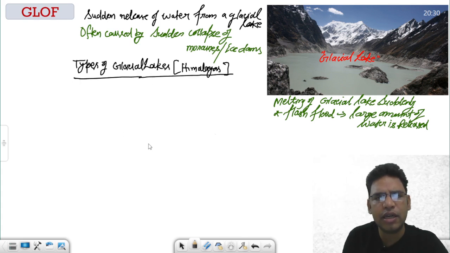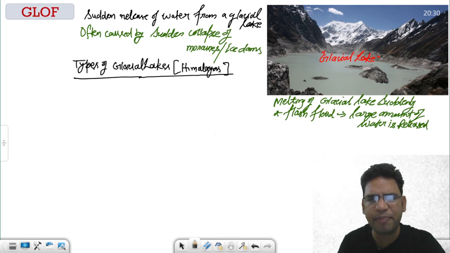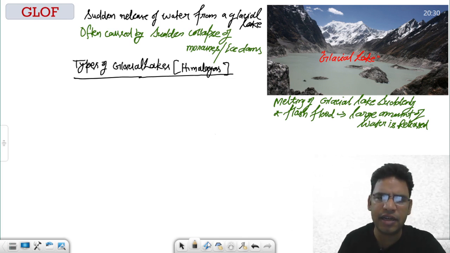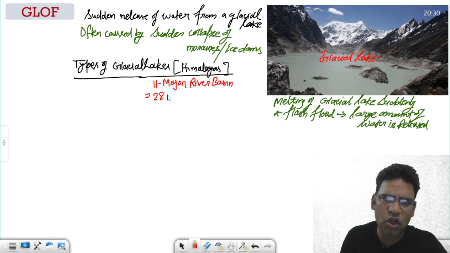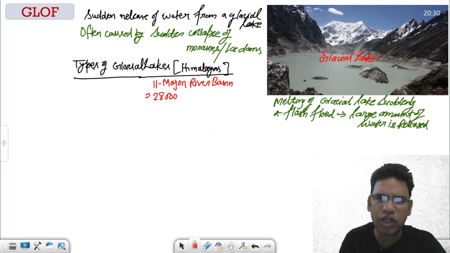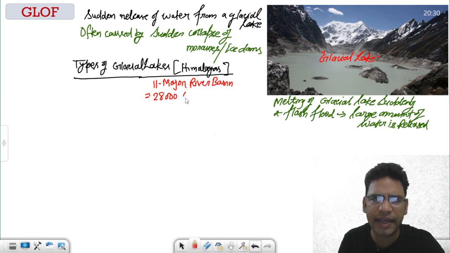Before that, let me tell you, there are 11 major river basins in the Himalayan region, and approximately 28,000 glacial lakes are there.